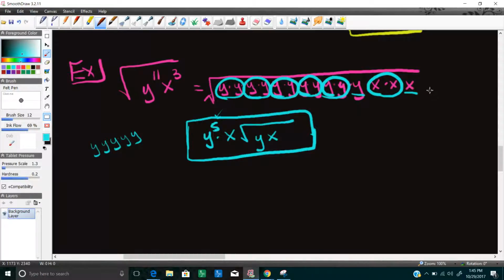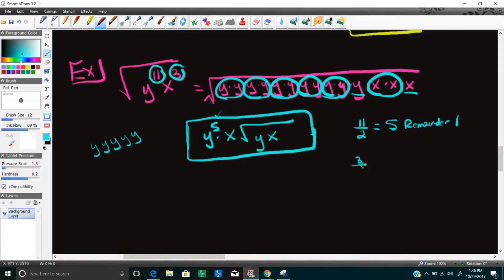Okay? So another way to do this, when you're dealing with exponents, since we're dealing with the square root of 2, I know that 11 divided by 2 is equal to 5 with a remainder of 1. Because 5 times 2 is 10, and there's 1 left over.